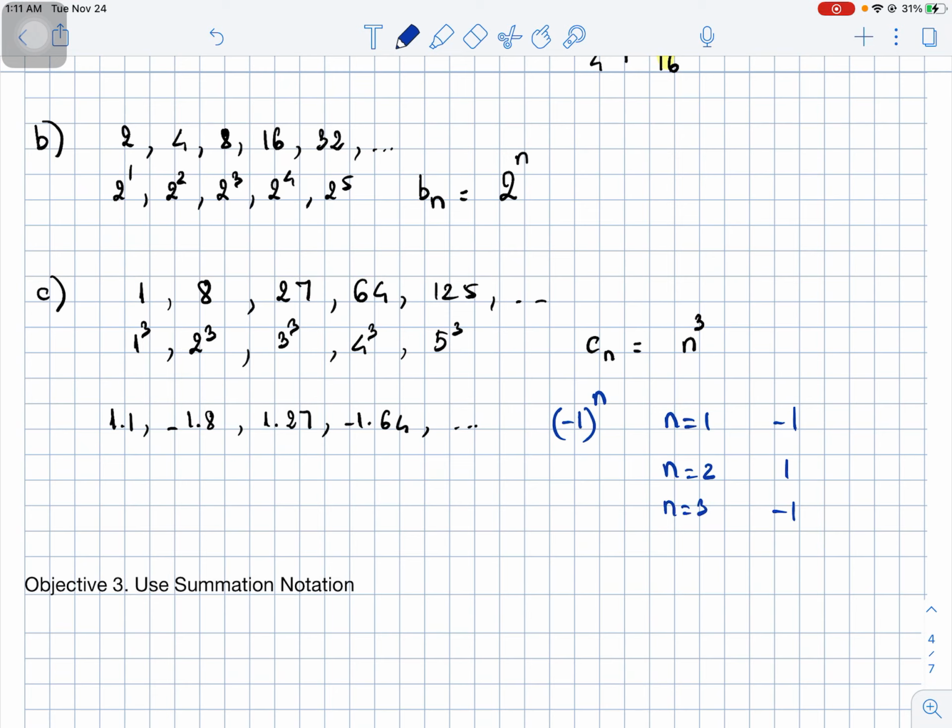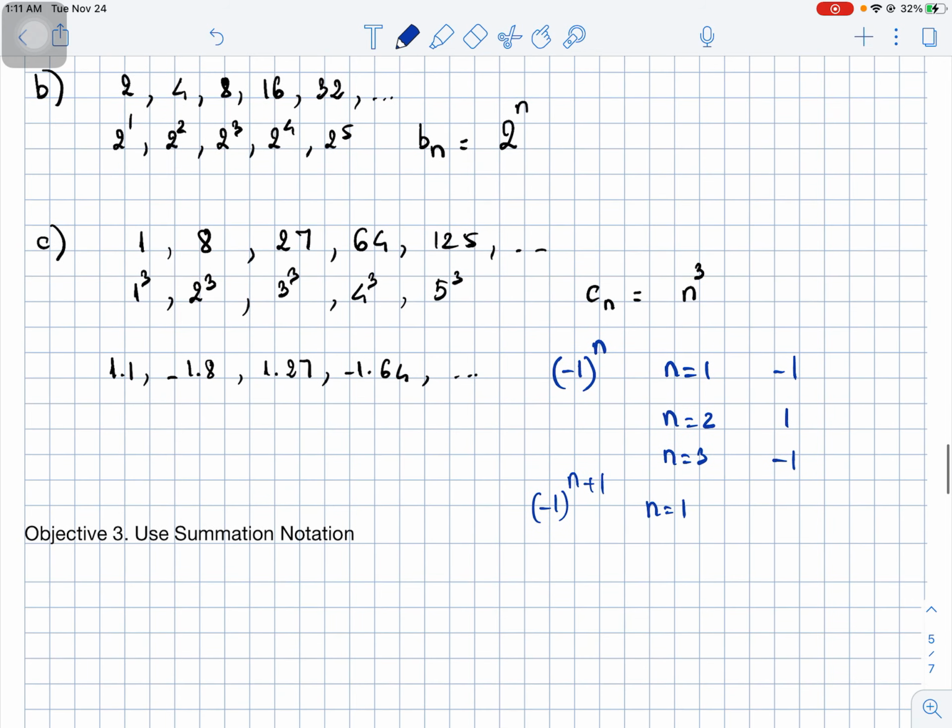In order to get the positive first, you're going to do (-1) to the n plus 1. So you change the exponent from odd to even. If n equals 1, you remember that input is always 1. We input 1, the exponent will become 2, then the output you will get is +1. For n equals 2, the output is -1.